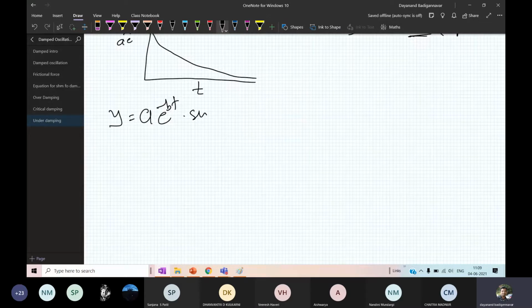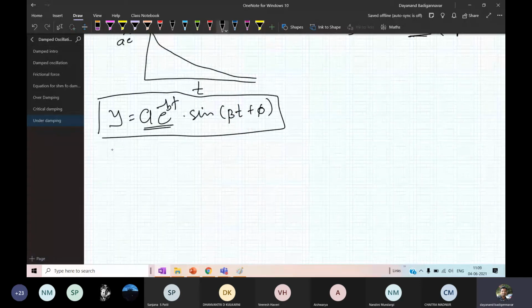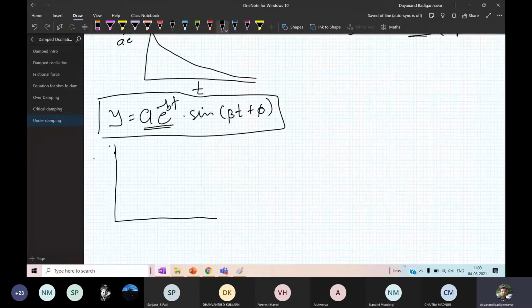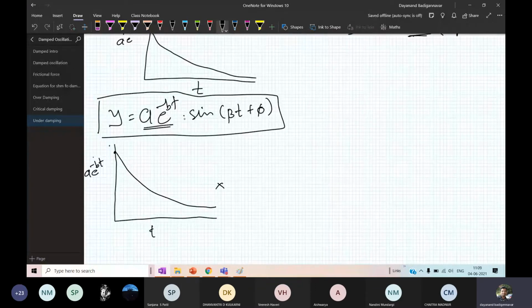Therefore, the first part is a into e raised to minus beta t. If I plot it, this is the graph, decreasing, multiplied by the second part, which is the sine function. Got it?